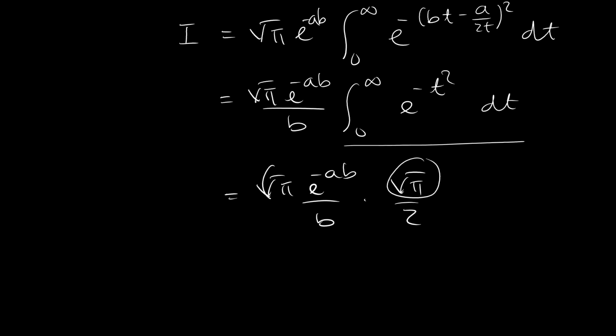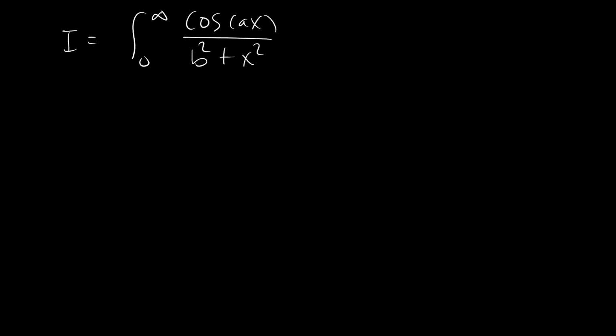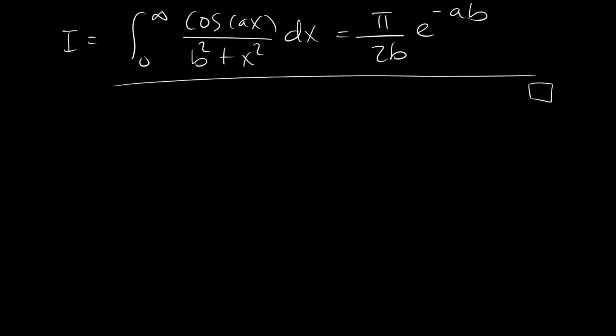So we have root of pi and root of pi here, so in other words we get pi over 2b e times that is equal to I. So in other words, I, being equal to the integral from 0 to infinity of cosine of ax over b squared plus x squared, is equal to pi over 2b times e negative ab. So we've solved for I.